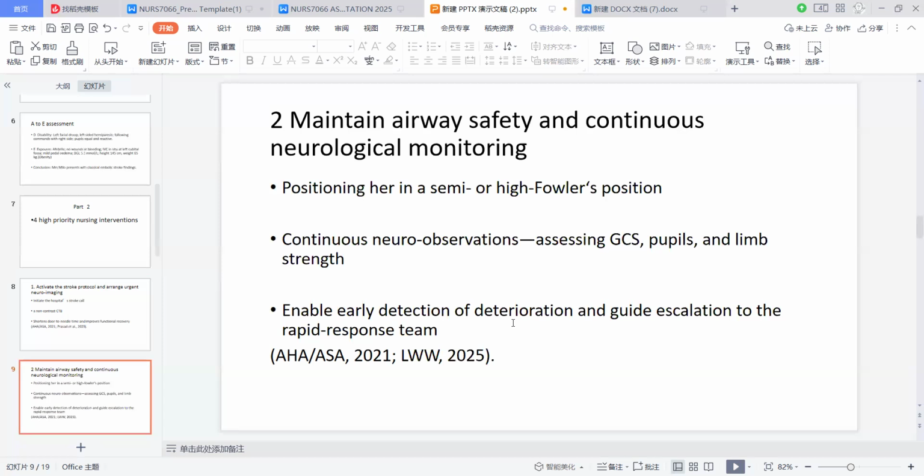Positioning her in a semi-upright or high Fowler's position and providing oxygen, and preparing suction equipment, reduces aspiration risk. Continuous neurological observation, assessing GCS, pupils, and limb strength, will enable early detection of deterioration and guide escalation to the rapid response team.